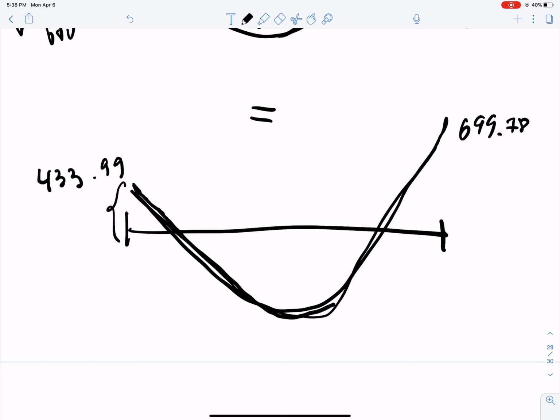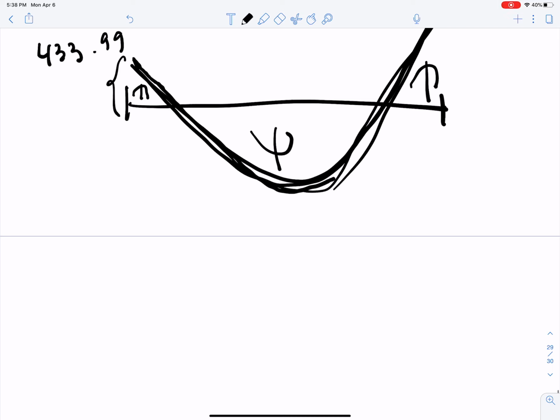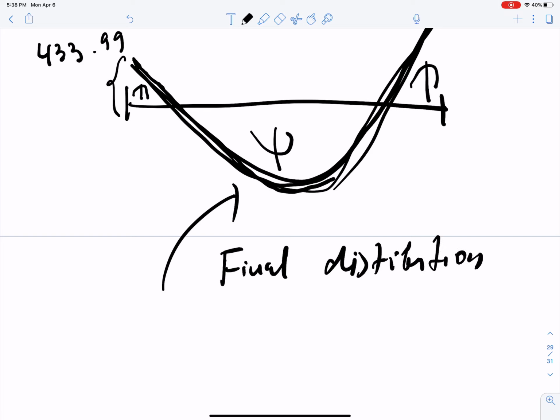Okay, and you get a situation like this, basically, okay, where this guy is concave, this is the convex region, okay, this is the concave region again. So this is the final distribution of the bending moment.